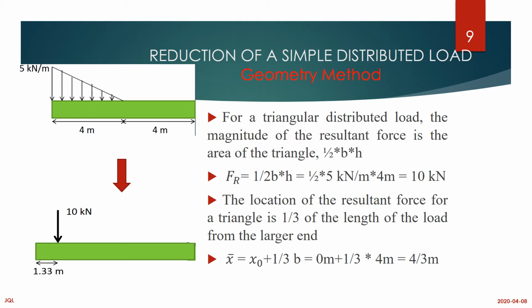For a triangle, the center of gravity is always at 1 over 3 of the length from the larger end. So if you can remember that, then you apply 1 over 3 b, and you're going to get 4 over 3. That is where you're going to apply it. That will be your location for the resultant force.